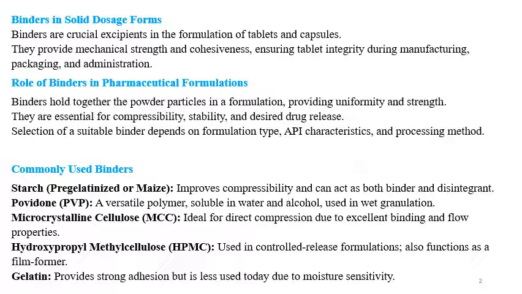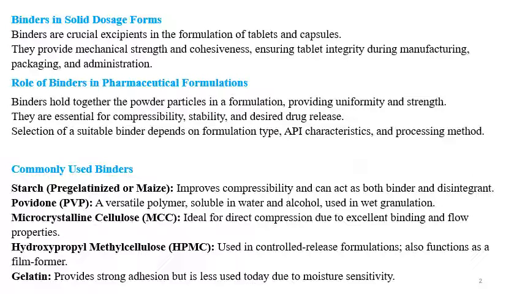Commonly used binders are starch, povidone, sometimes MCC also acting as a binder, then hydroxypropyl cellulose, HPMC, HPC, HEC, gelatin, acacia, and many others. Pregelatinized starch or maize starch improves the processability and can act as a dry binder, as a wet binder, and a disintegrant. You can make the starch paste and use it.